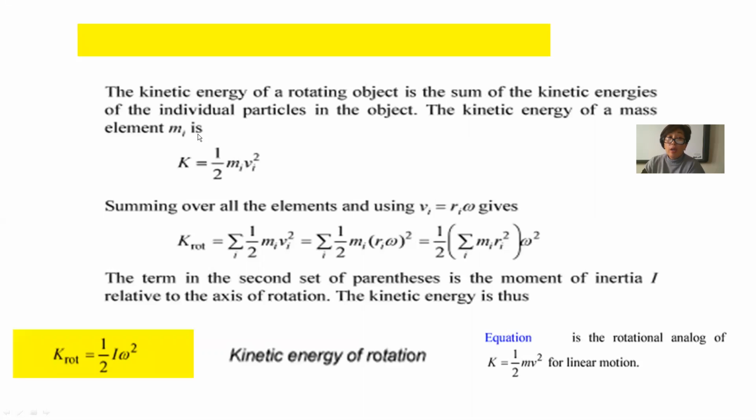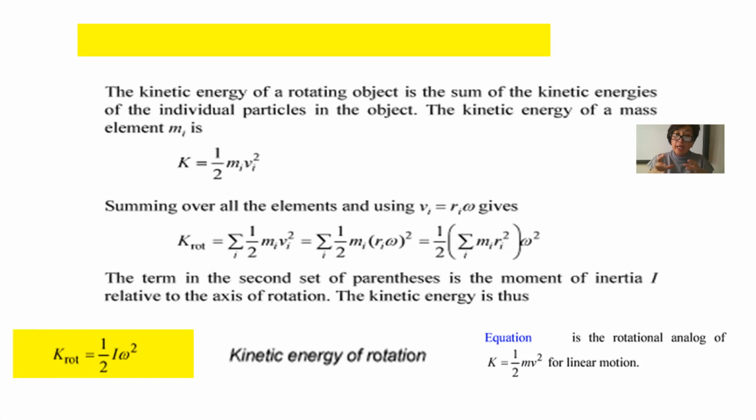We know the kinetic energy of a rotating object is the sum of the kinetic energies of the individual particles in the object, because this is a rotational system, one body that consists of particles.